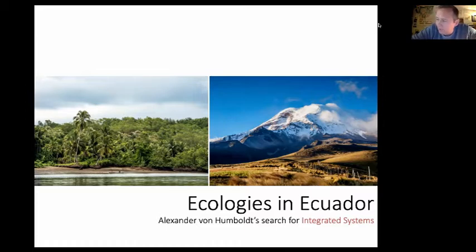Instead of focusing on the individual species, he was really interested in the integrated systems of all of these species. And so he noticed that in Ecuador, when you went to the coast, you had a certain kind of integrated system of all kinds of different plants and animal life, and that it was a very different kind of integrated system up by the volcano.